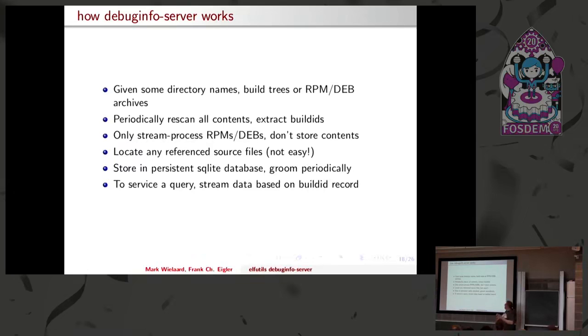It does need a bit of information to cross-reference them, especially for the source files. That's not always easy. Sometimes on Fedora, source files are put in a separate package from the actual debug info. So that is somewhat tricky.